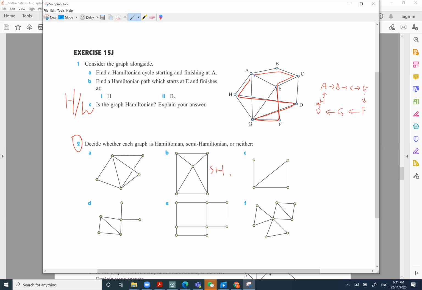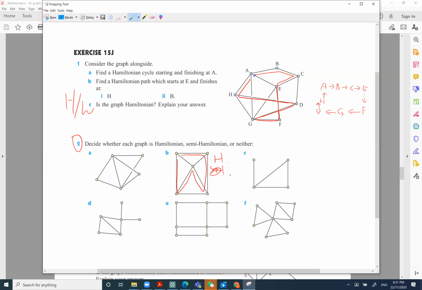We can check for the first one. Is the first one semi-Hamilton or just Hamilton? We need to pass through all the vertices here.